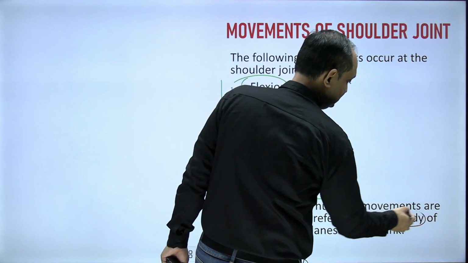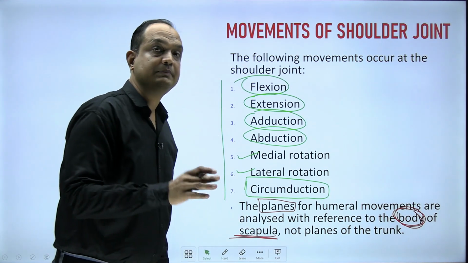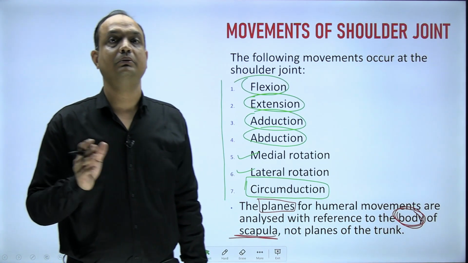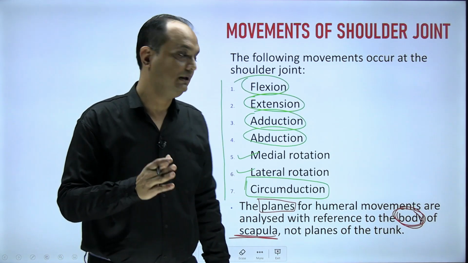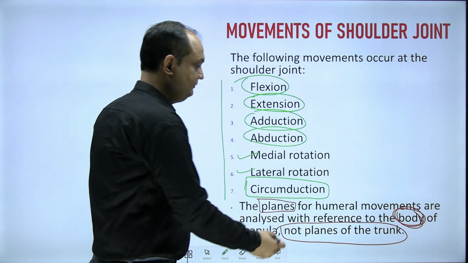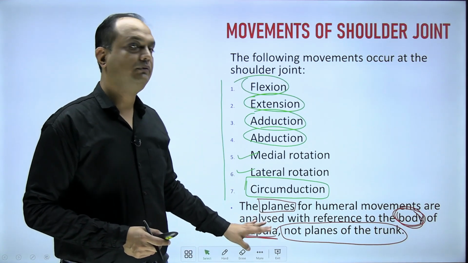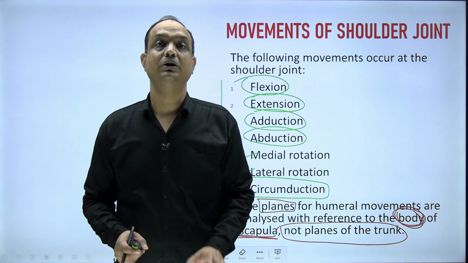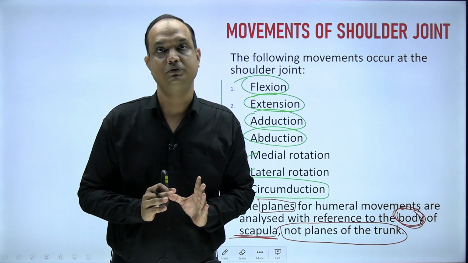If you know the orientation of the placement of the scapula in your body, it becomes easy to check the movement, and these movements do not take place with reference to the planes of the trunk. This is important because our scapula is not straight, it is obliquely placed on your chest wall posteriorly.